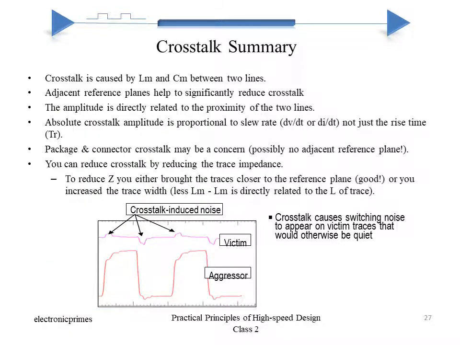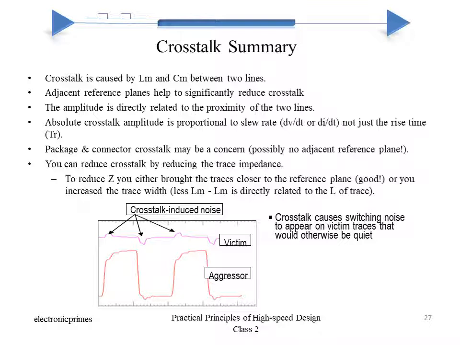Crosstalk summary. Crosstalk is caused by mutual inductance and mutual capacitance between two lines. Adjacent reference planes help to significantly reduce crosstalk. The amplitude is directly related to the proximity of the two lines.